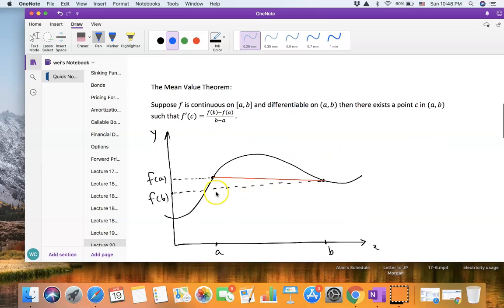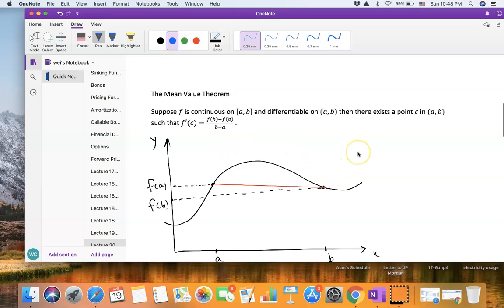That means on this open interval from a to b, at every point on the curve, we are able to find the slope of the tangent line.